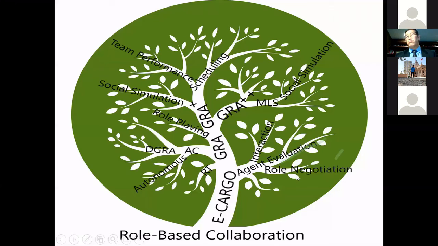If we want to use GRA, we need to provide pertinent agent evaluation. And before that, we need to do role negotiation. So you can see this part still has many problems we need to solve. Anybody who has some insight from these different aspects can make contributions.